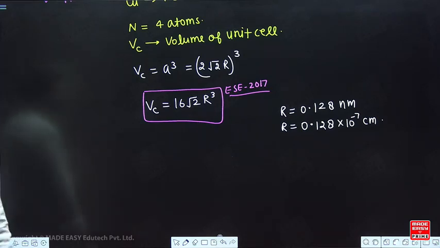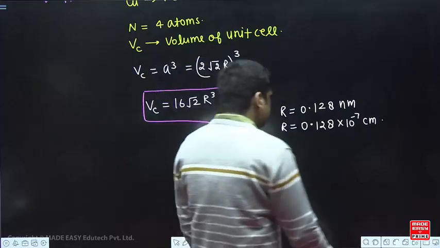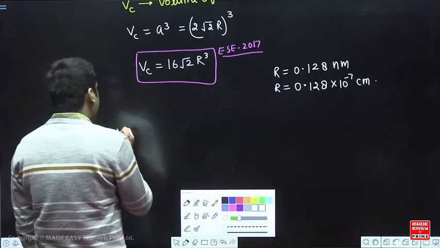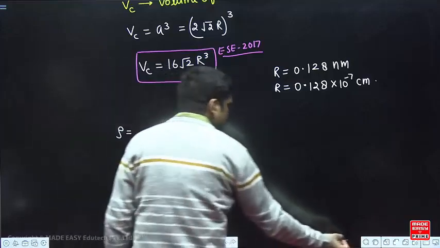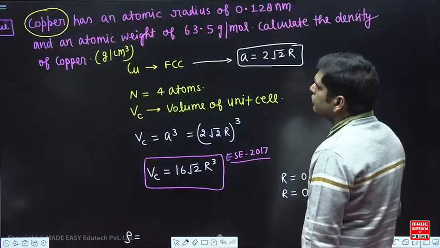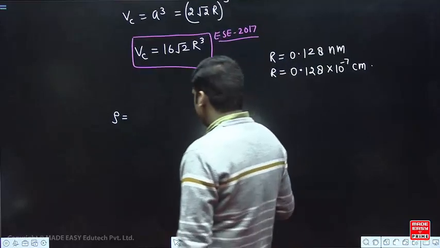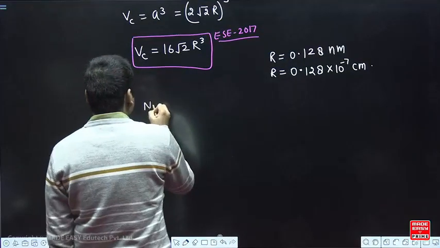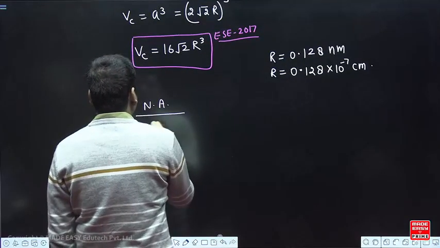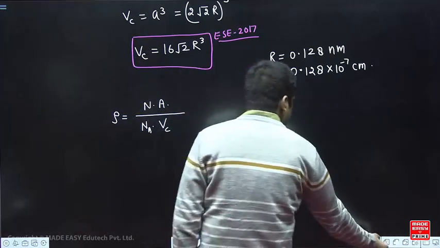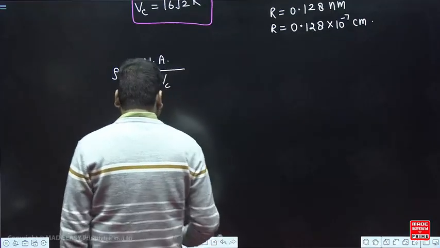Let's go for it. Now if I put all these values, we have rho. We want to calculate rho. Rho is n into A upon Na into Vc. Put all these values with units.